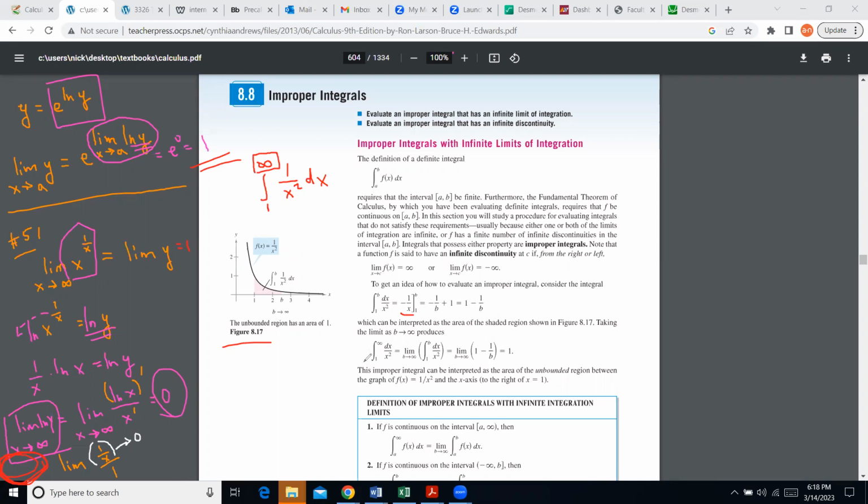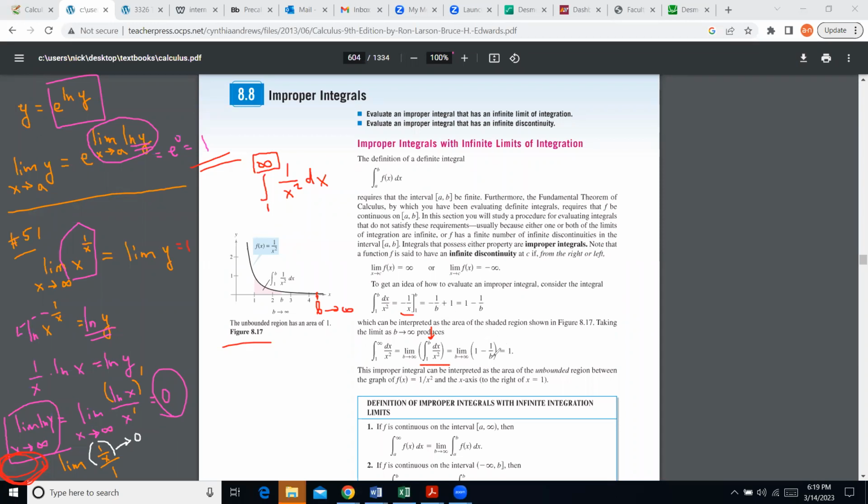Instead of going with infinity, they go with some number b. They say, what if we integrate up to some number b, but then we send that number b to infinity? Because number b I can plug into the antiderivative.